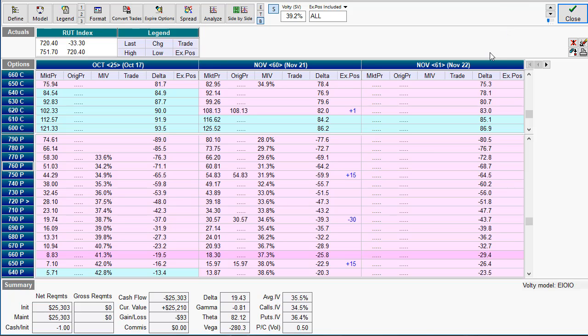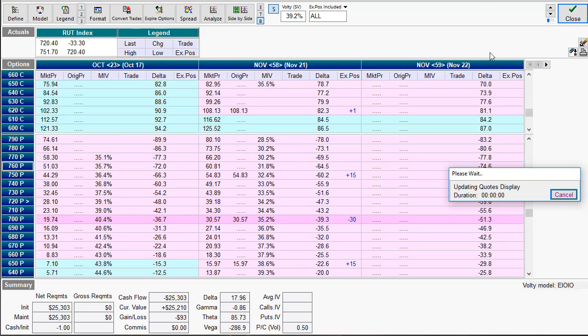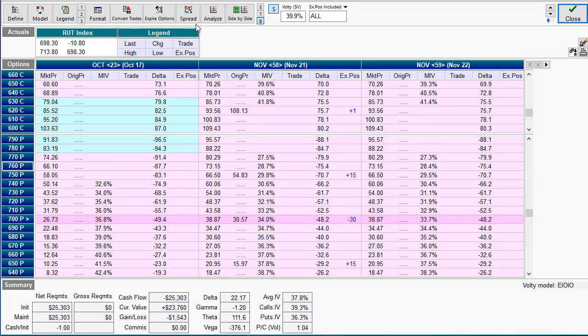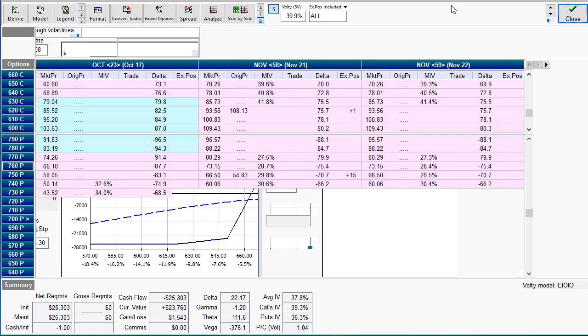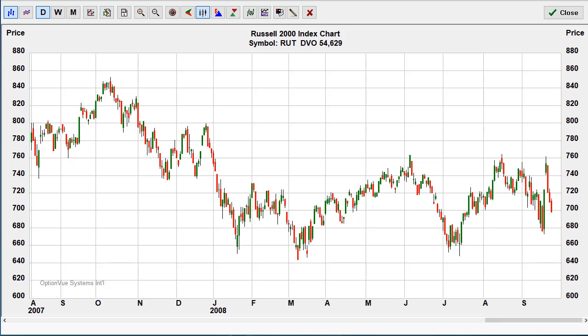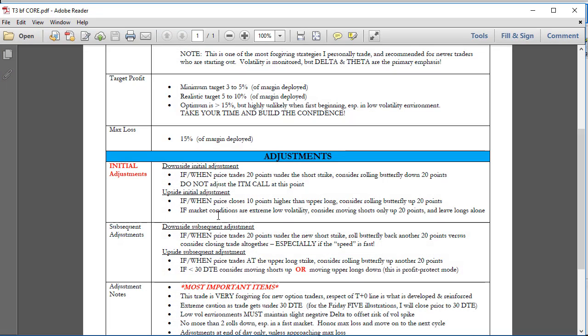We'll roll forward a couple of days, and we'll see that where are we at? We are under the short strikes. So we open this, and right away we had 2 more days of downward moving. We are now under the short strikes.